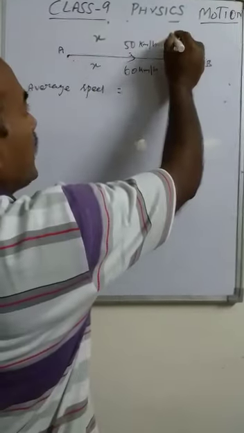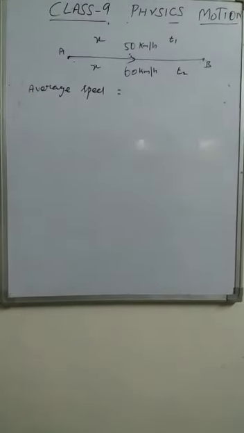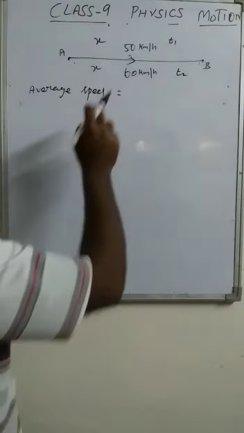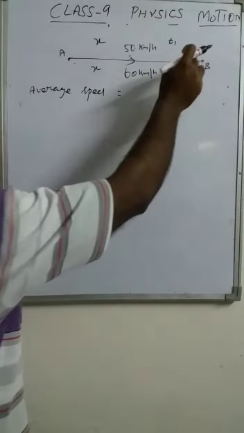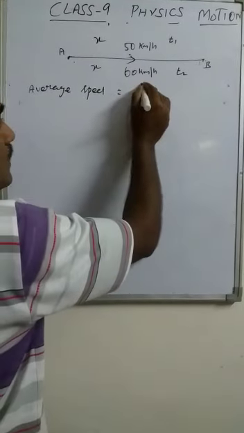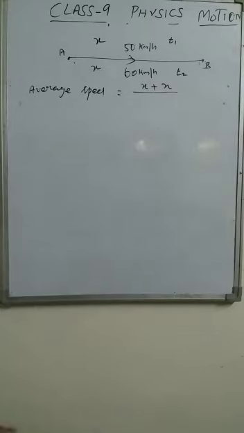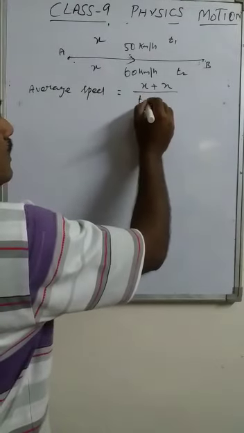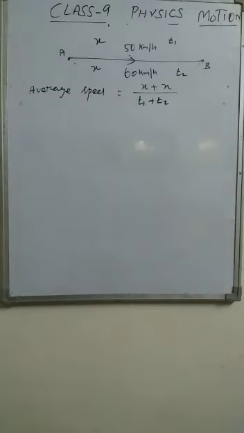For that, we take the time taken t1 and the time taken t2. Then coming to this formula, total distance: while moving towards B, x distance, moving towards A, x distance, that is x plus x, total distance, that is 2x. And the time taken is t1 plus t2. This is the average speed.